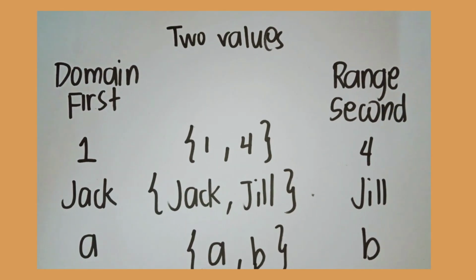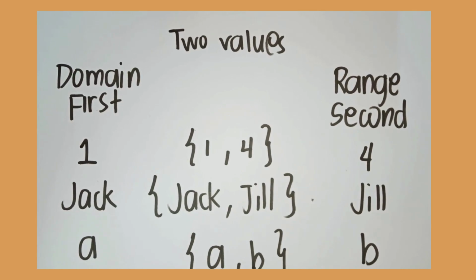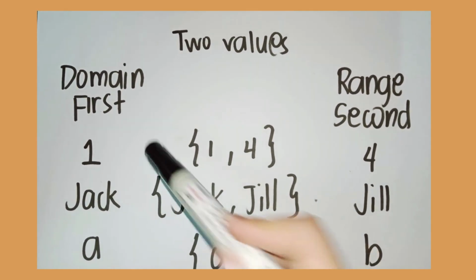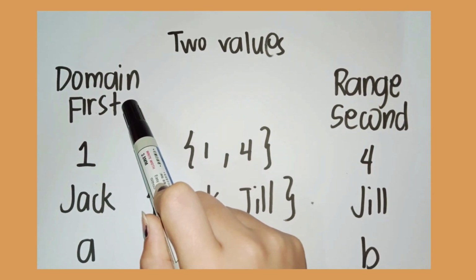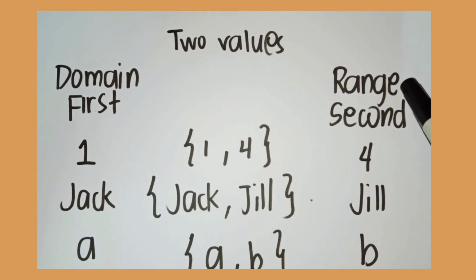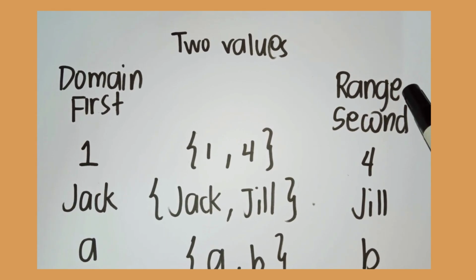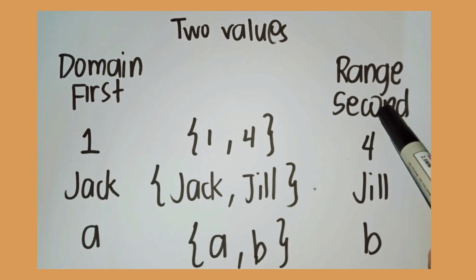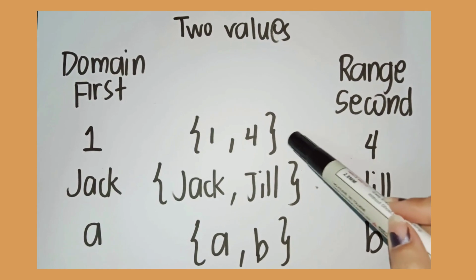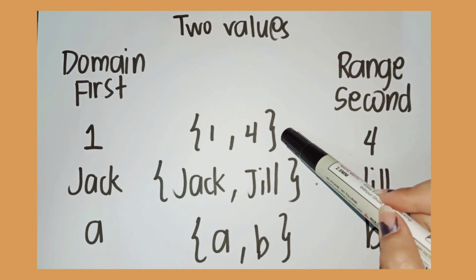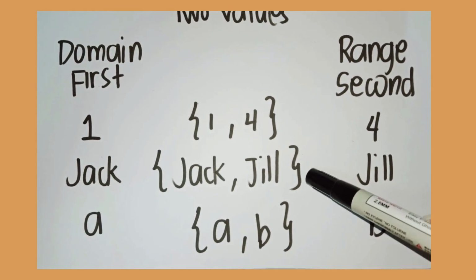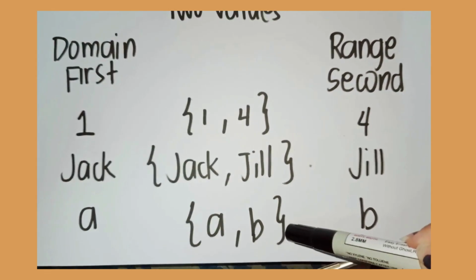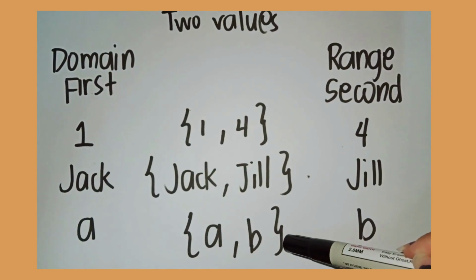Ano yung pagkakaiba ng domain sa range? Pag sinabi natin domain, yan yung mga number or values na nauuna. Pag naman sinabi natin range, yan yung mga number or values na pangalawa. For example, we have the two values or the set 1 and 4, Jack and Jill, A and B. Ano-ano yung mga domain dito?